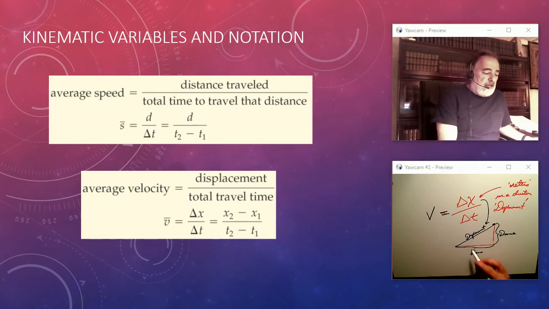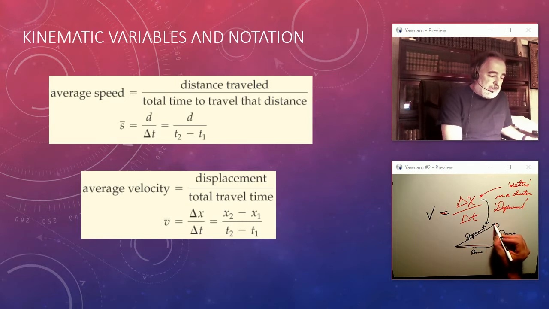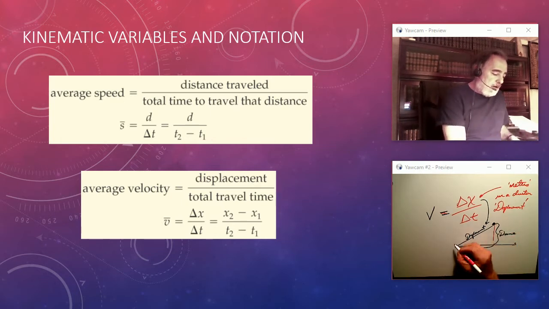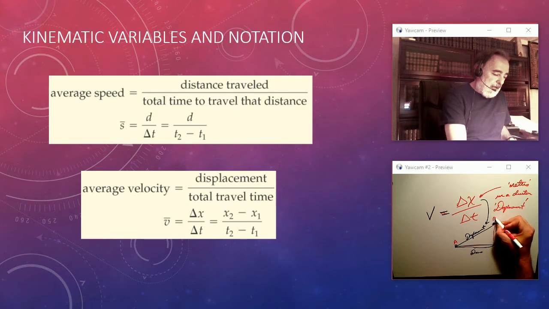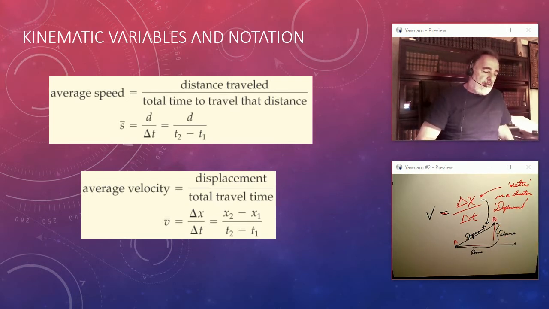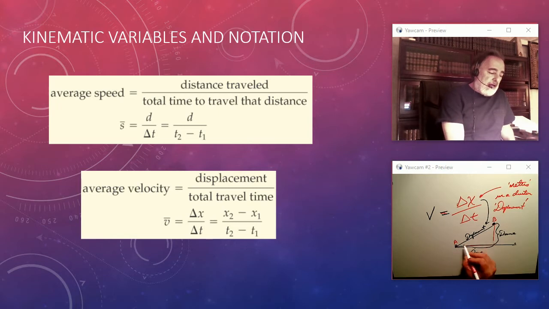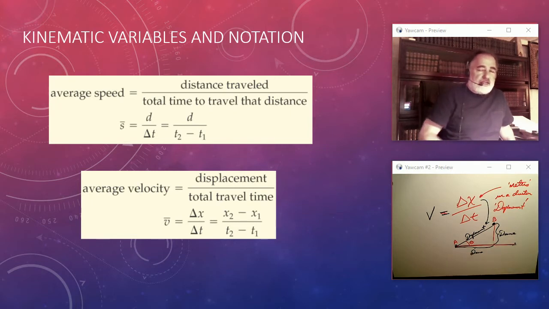With velocity, of course, and we'll get into this in the next chapter, I have a displacement from this point here to this point here, called point A to point B. And to describe that completely, I would, of course, have to give you an angle from this direction.